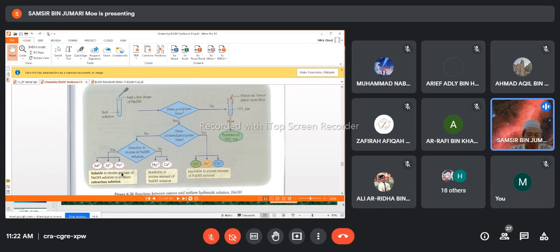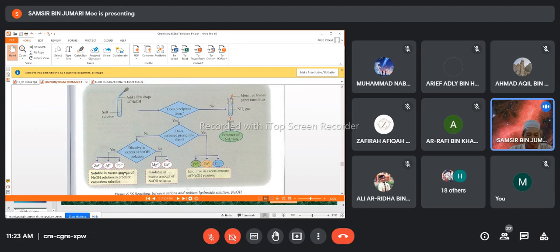Okay, if we add little by little until excess the sodium hydroxide solution into the sample, if the white precipitate forms and is soluble in excess, we can verify that the salt solution maybe consists of zinc ion, aluminium ion, or lead(II) ion.